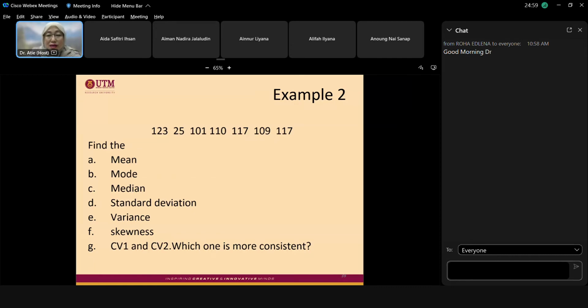Then I asked you to do example number 2 on your own. So today we're going to discuss this example number 2. I'm not going to go into much detail, I just want to get the answers from you. So for the first one, can you tell me the answer for the mean? What do you get?